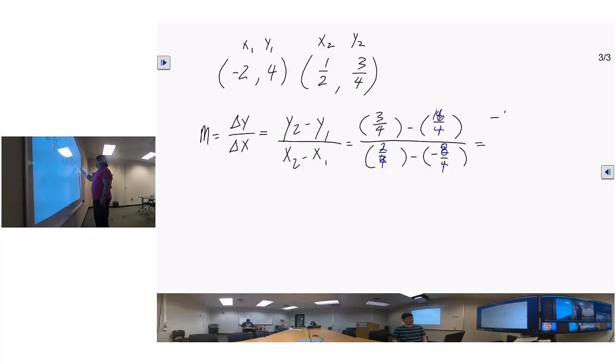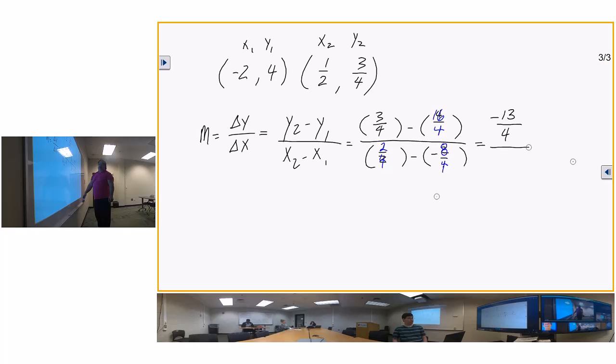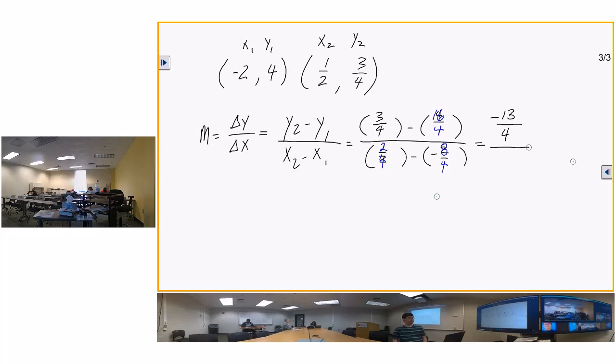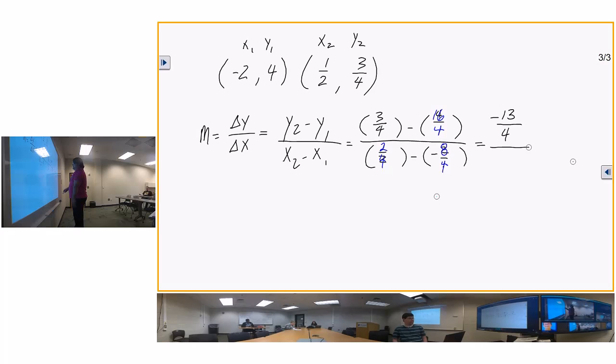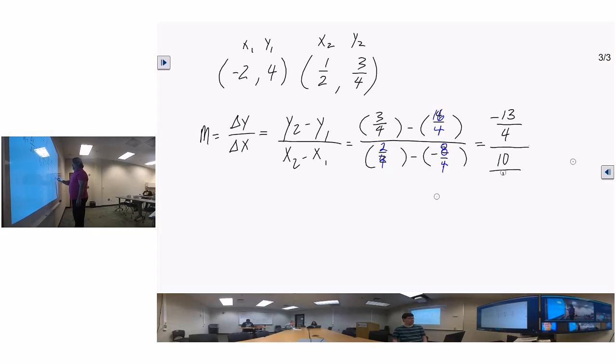Negative 13, Hubert. Well, I need to get in y'all's checking accounts. If you have $3 and you owe $16, and y'all don't know that you owe $13. No comment. 2 plus 8 is 10 over 4.